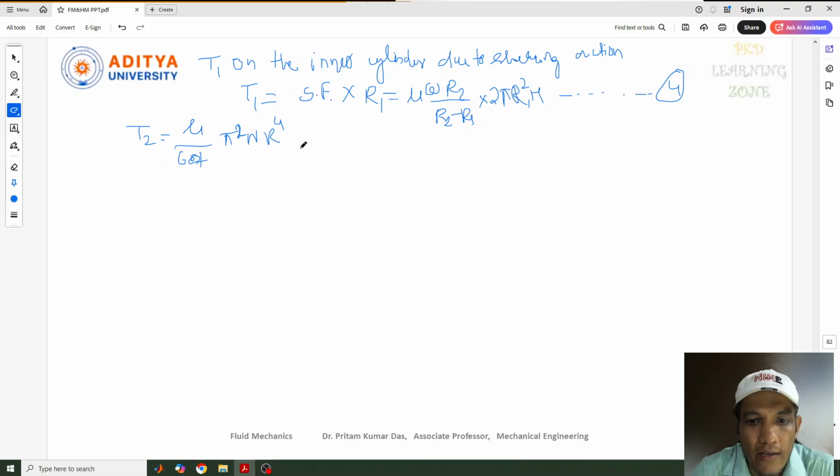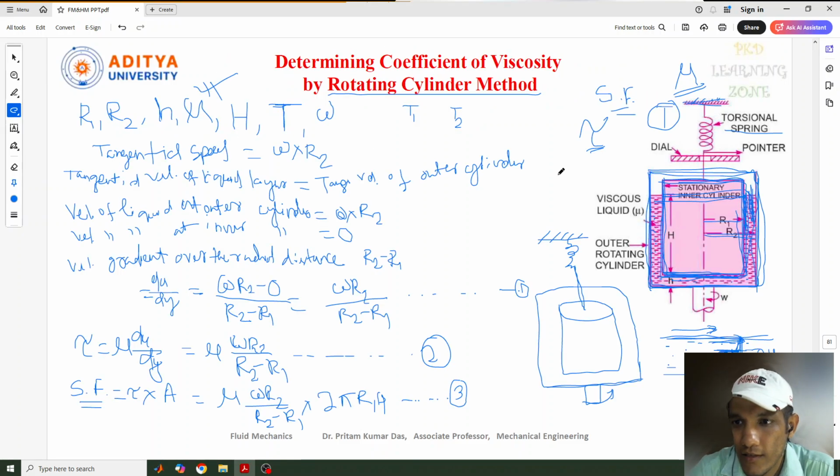And now here if you see, I'm talking about the torque at the outer one. But here, this is the torque applied on the inner cylinder. Now if you see how the torque was applied, the torsional spring is connected to this inside cylinder. So the torque was applied on this inner cylinder. Okay, so the torque generated here, from this torque we will identify the torque at the outer one.